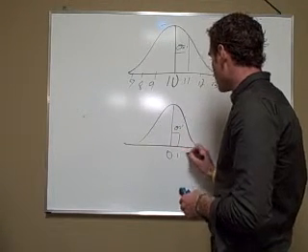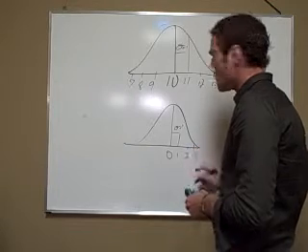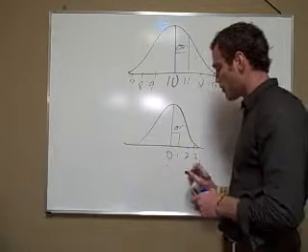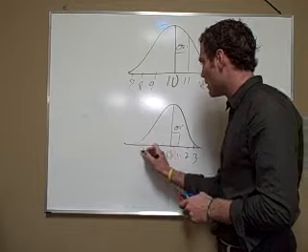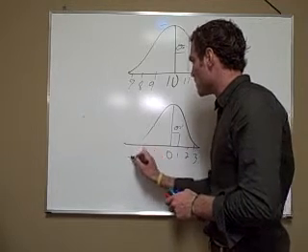This will make computations very simple. A mean of 0, standard deviation of 1, 1, 2, 3, negative 1, negative 2, negative 3.